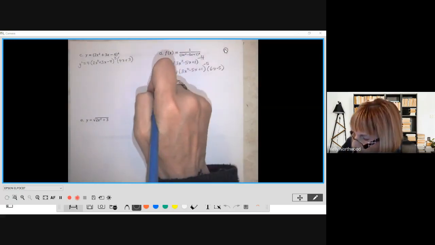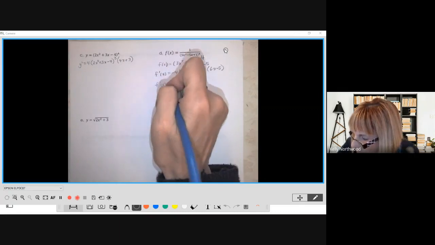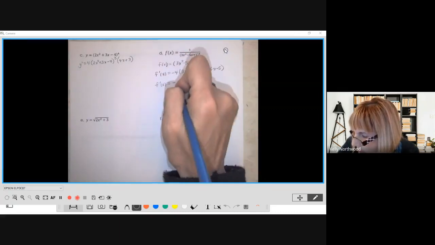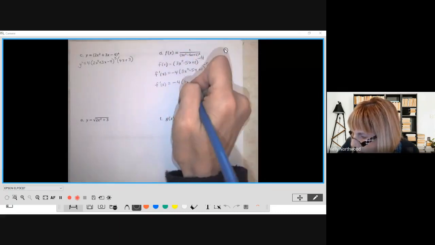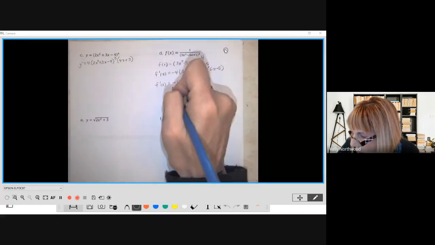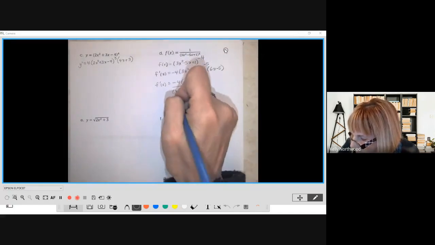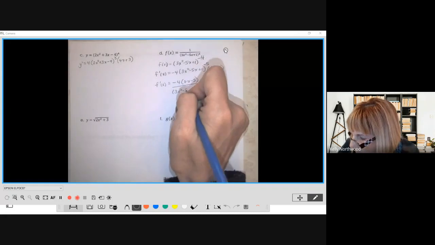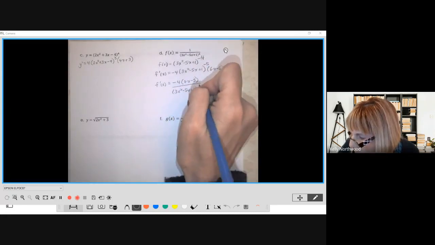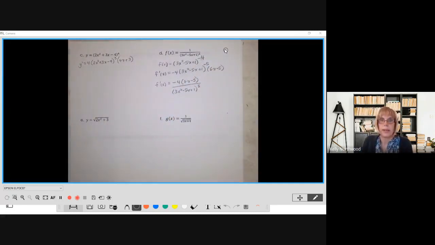But that's not going to be our back of the book answer. So that's going to have the -4 and the 6x minus 5 in the numerator, and the 3x squared minus 5x plus 1 to the +5 in the denominator.